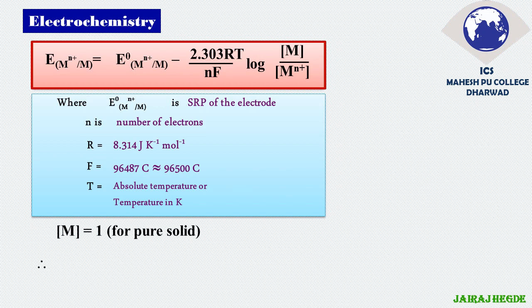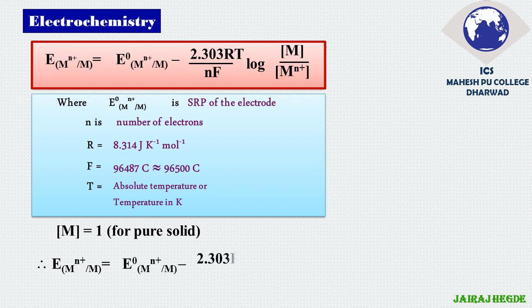As we all know, the concentration of metal is always 1. This topic we have already done in the first PU. The concentration of a solid will always be considered to be 1. So if M is a pure solid, concentration of M is equal to 1, then what happens?